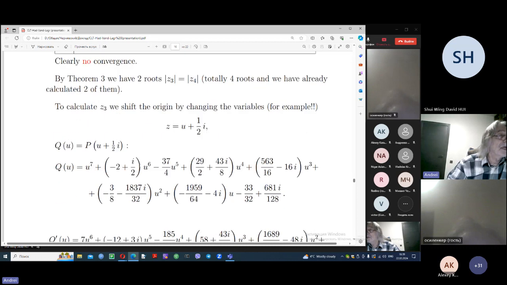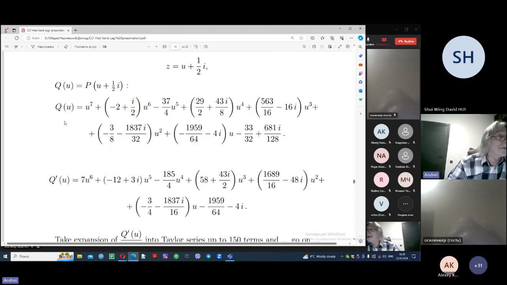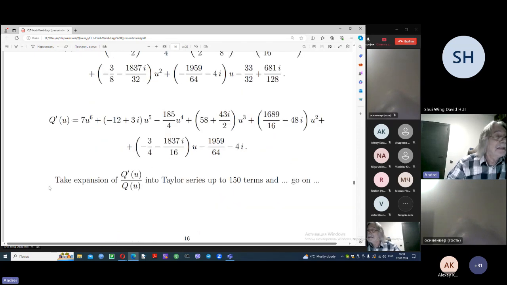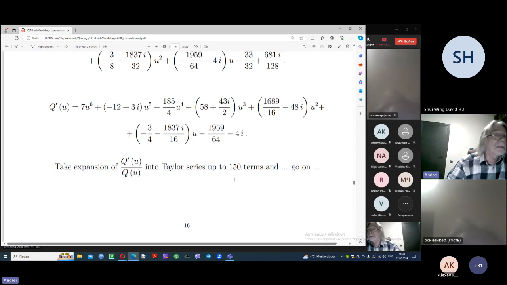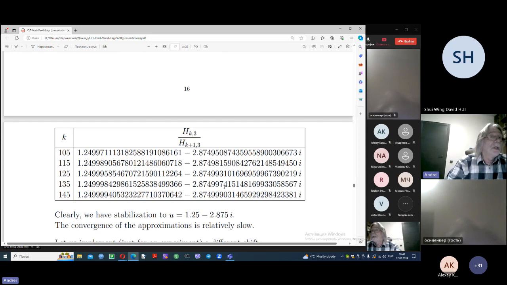So again, this polynomial became this one. All this was from Mathematica again, I'm saying again. Take the expansion into Taylor series, the same up to 150 terms, and what do we have?